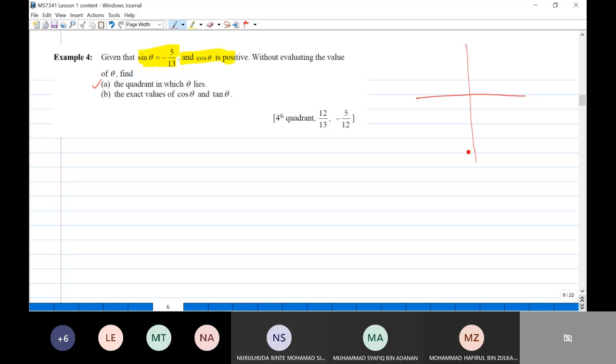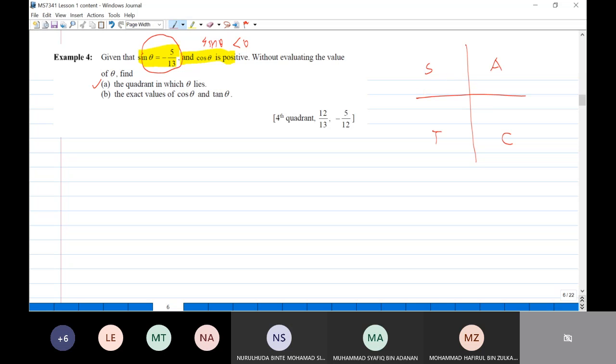Just now I mentioned A, S, T, C. Sine theta is negative, less than 0. So it cannot be in the first quadrant, because in the first quadrant all are positive. It cannot be in the second quadrant because sine theta is negative.